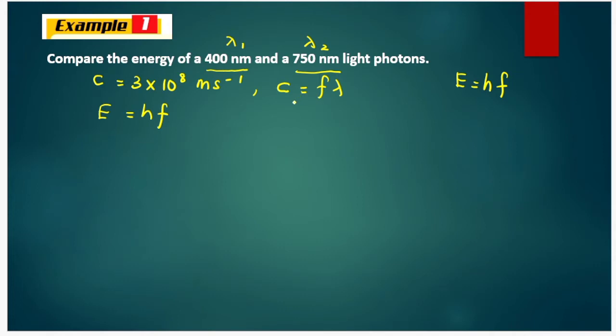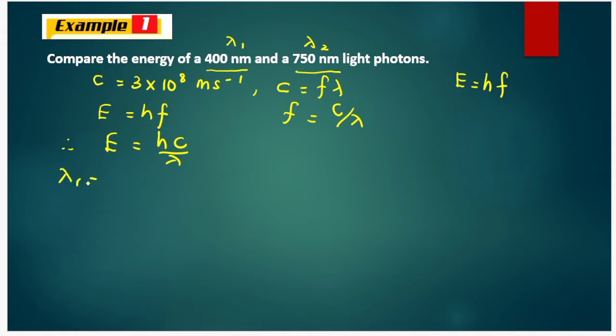So from this formula, we get frequency equals c divided by lambda. Substitute f equals c divided by lambda into the photon energy formula. So we get E equals hc divided by lambda.